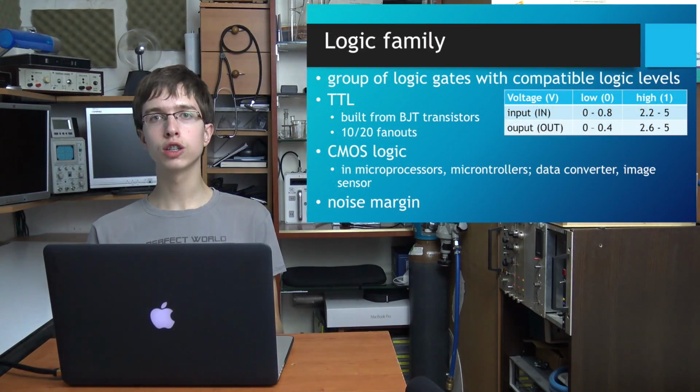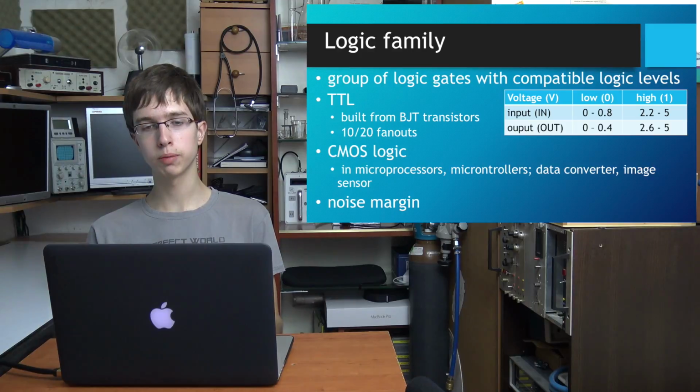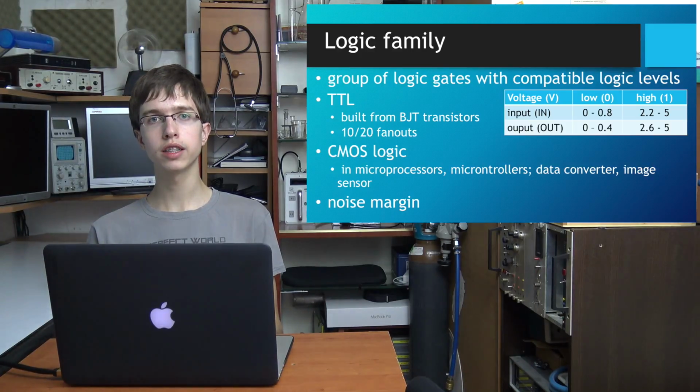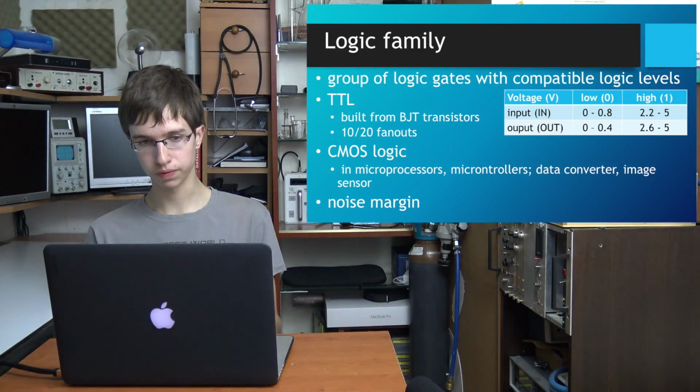Logic family is a group of logic gates with compatible logic levels. One of the greatest improvements in the history of logic families was TTL, transistor-transistor logic family, which is built from BJT, bipolar junction transistors. And it was such a big improvement because it had 10 and later it got 20 fan-outs, which is number of inputs on only one output.